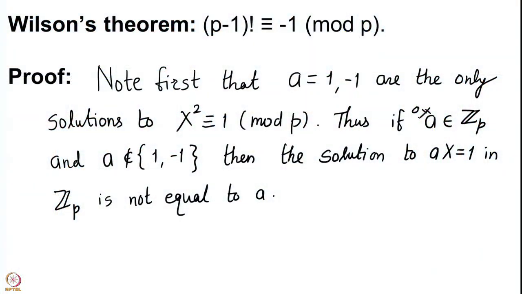The only question we are interested in is whether this solution can be equal to a itself. We know that ax equal to 1 has a solution. So, we know that there is an element b again in Z_p such that a into b gives you 1. This is something that we have done quite often, when we looked at a equal to 5, let us say, and p equal to 7, and we wanted to solve 5x congruent to 1 modulo 7.